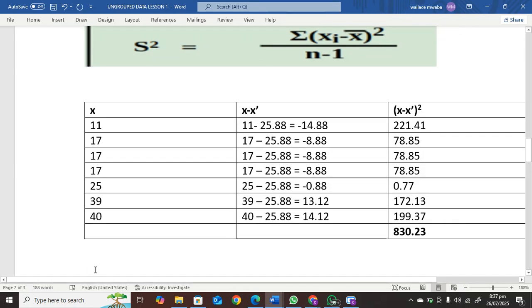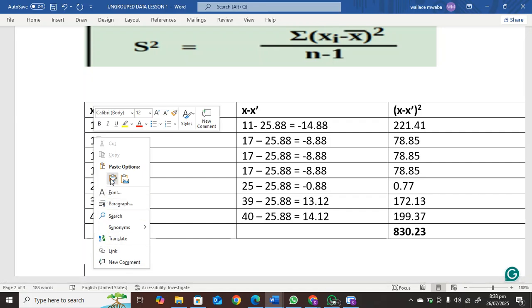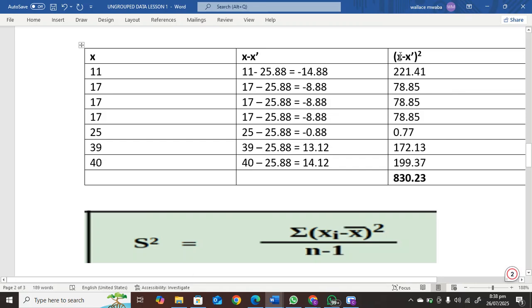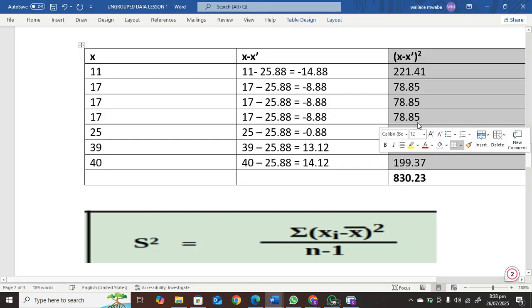Okay, so once you get your total, now you apply the formula. First we're getting the variance, then after you get the variance, you get the standard deviation. So sigma of x minus x bar squared is what we've done here. We've squared these values and added them.